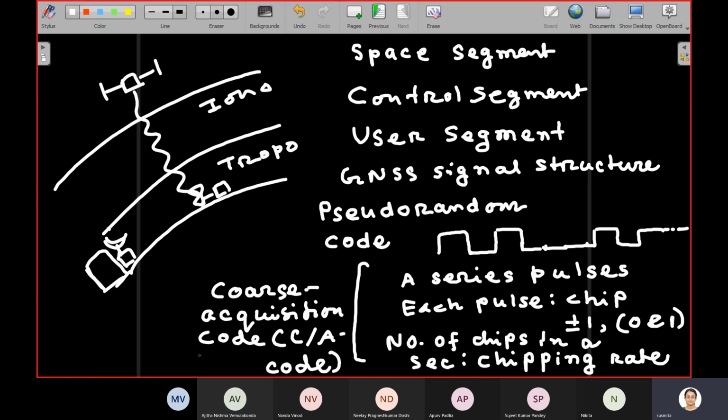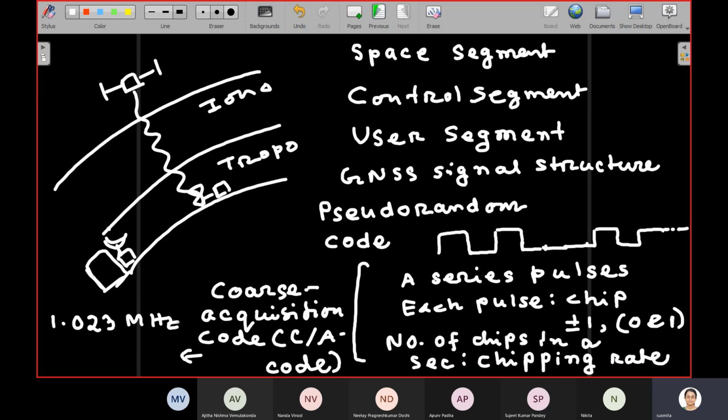Okay. Now for CA code, the chipping rate is small, 1.023 megahertz. Okay, so there are codes that have higher chipping rate. So 10.23 megahertz is also possible.